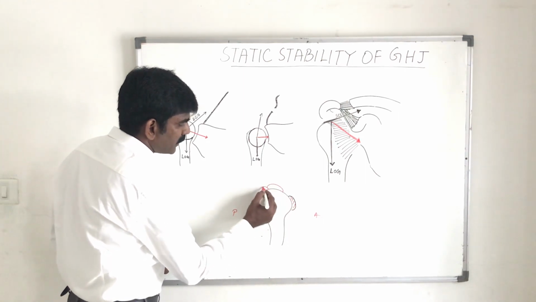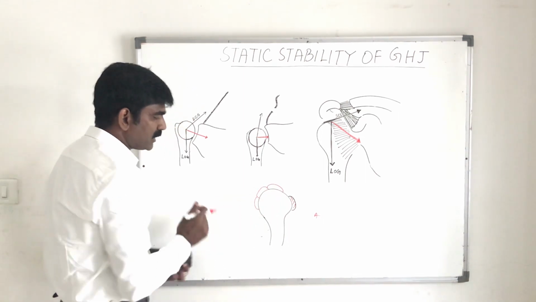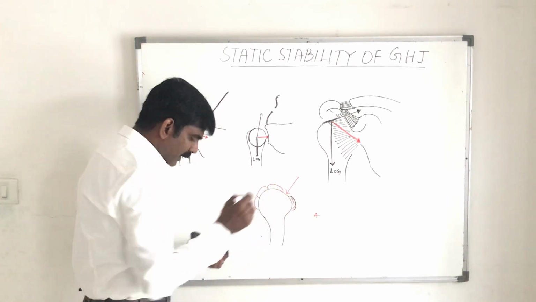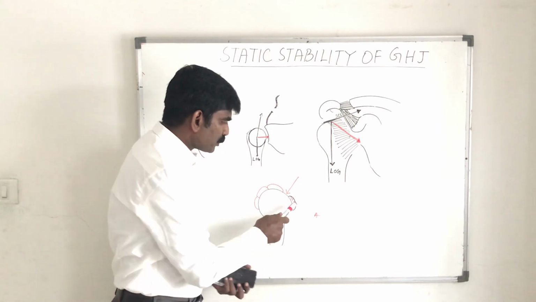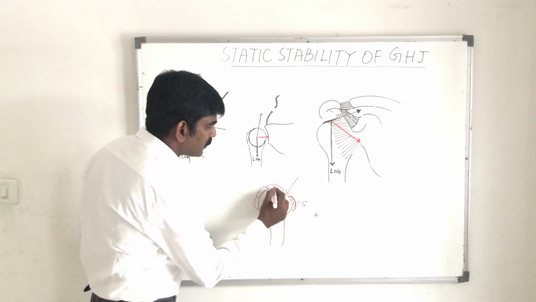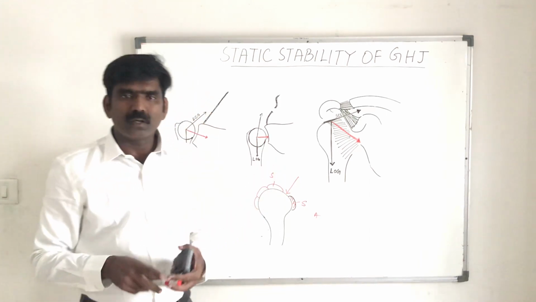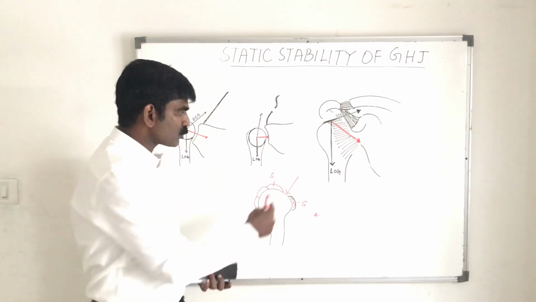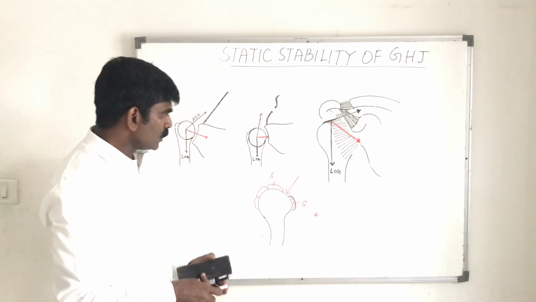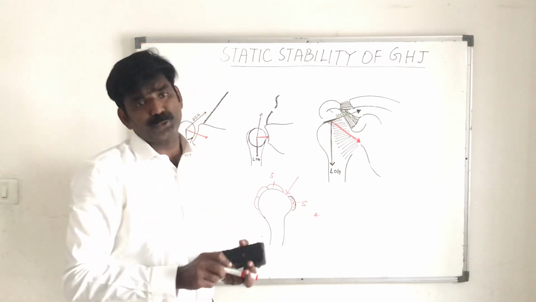This is supraspinatus, infraspinatus and teres minor. Clear? So the gap between the subscapularis muscle and supraspinatus tendon attachment is called the rotator interval.